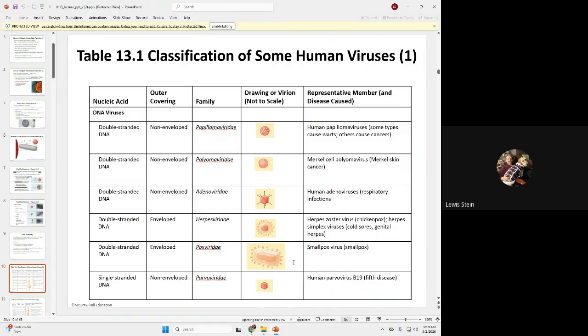So the fact that they're in the same category doesn't mean they all spread the same way. Got it? Thus, herpes viruses, are you ready?